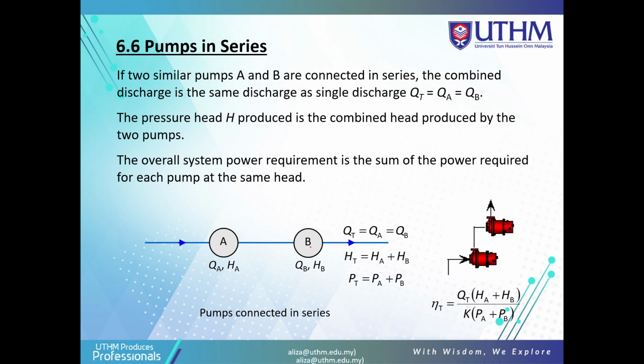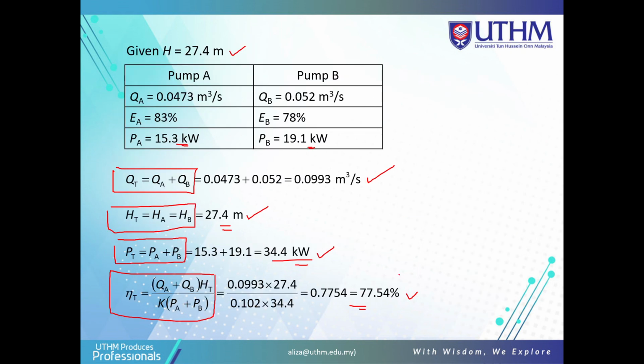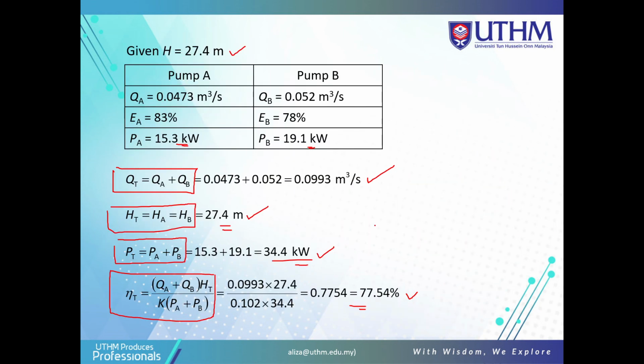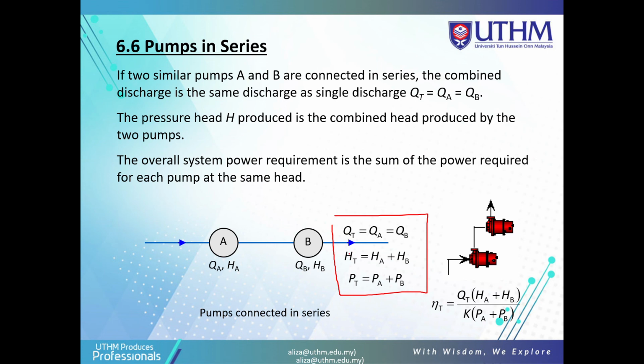Now we look at the pump in series, based on the series A and B here, and the basic assumption is this. The power total is the same as in parallel, but the difference is based on the Q total and also H total.